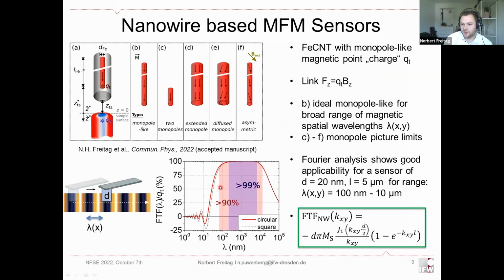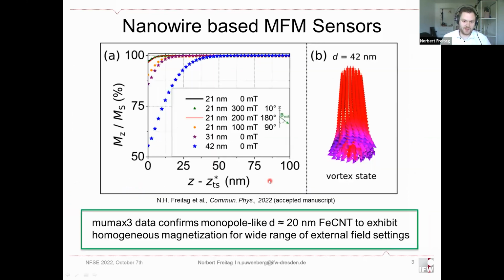We can do Fourier analysis and check the accordance level of our monopole picture. For this, we developed a new formula where you can link the accordance level for different spatial wavelengths. The outcome is that for our magnetic nanowire with 20 nanometer cross section and length 5 micrometer, we have a nice accordance level for magnetic patterns with spatial wavelengths of 100 nanometer to 10 micrometer. So it's a very good value.